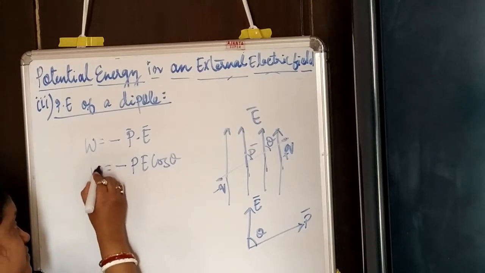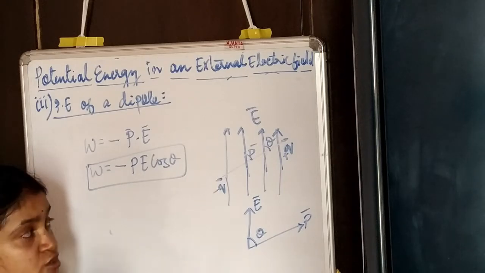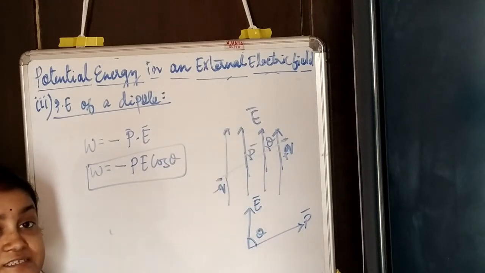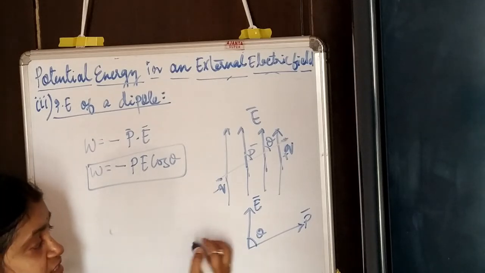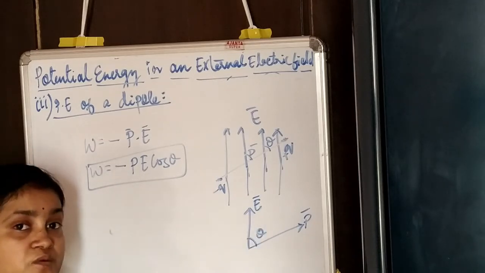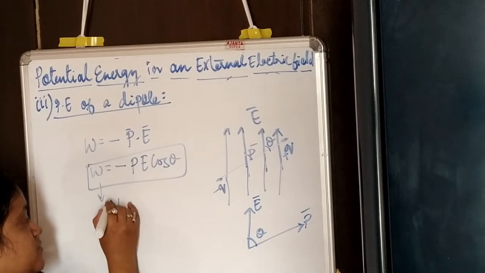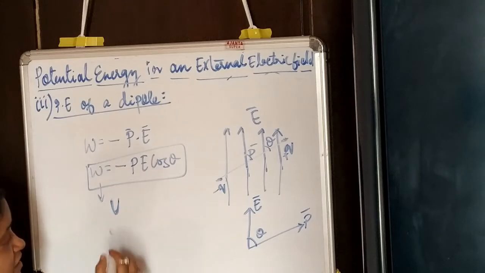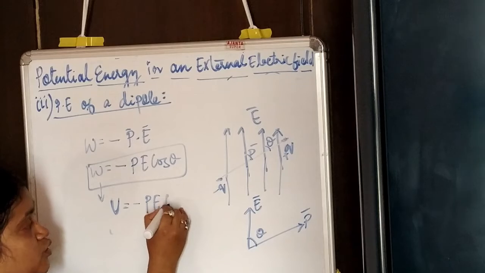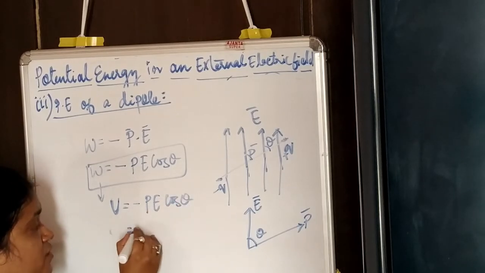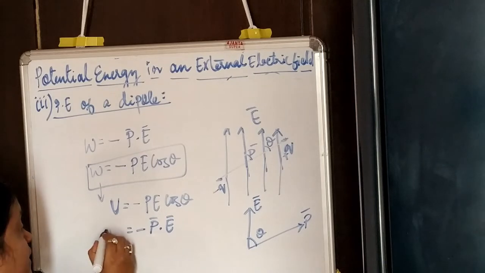So this is the work done by a dipole against this electric field E, which is PE cos theta, where theta is the angle between these two vectors, right? And this is the same work which is stored as potential energy. Therefore we can write the potential energy U as minus PE cos theta, or minus P dot E in the vector notation.